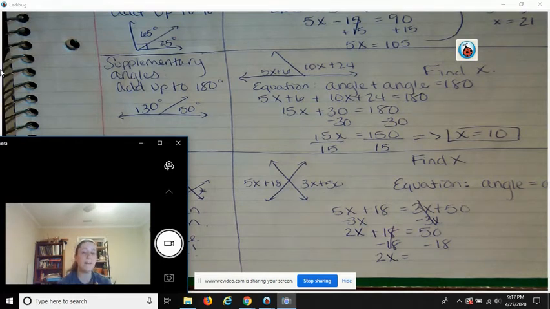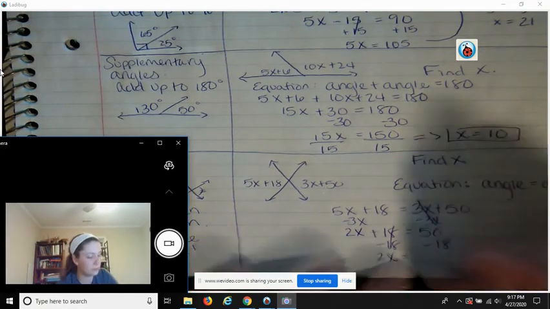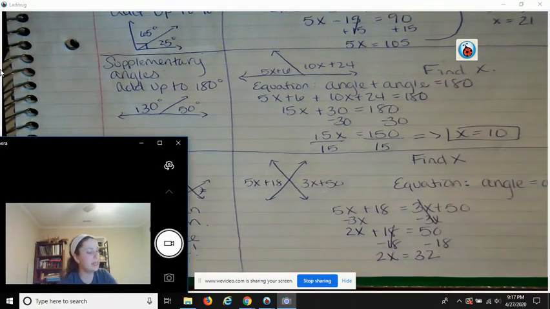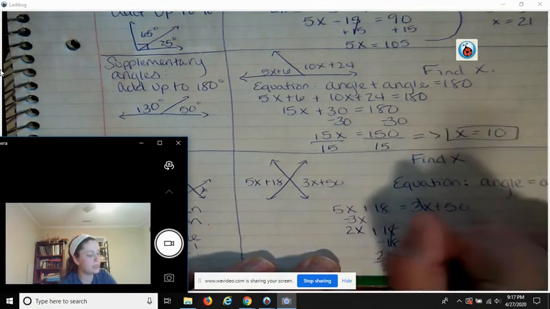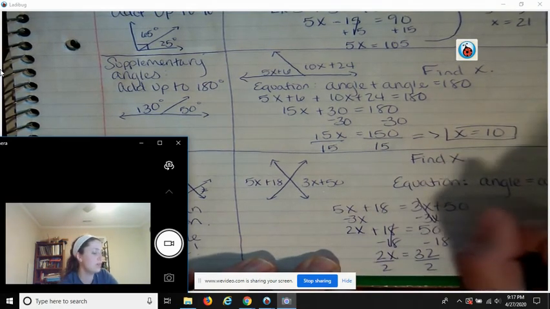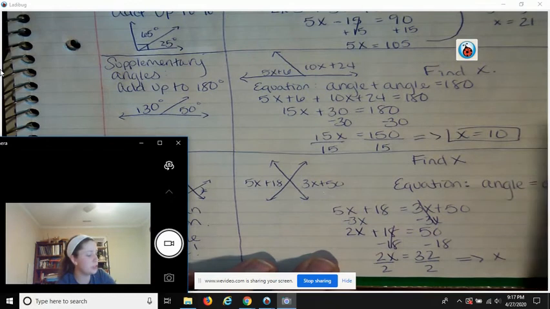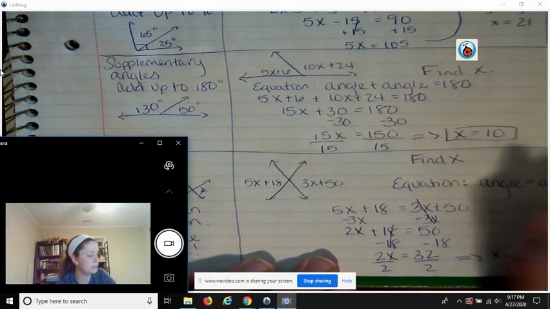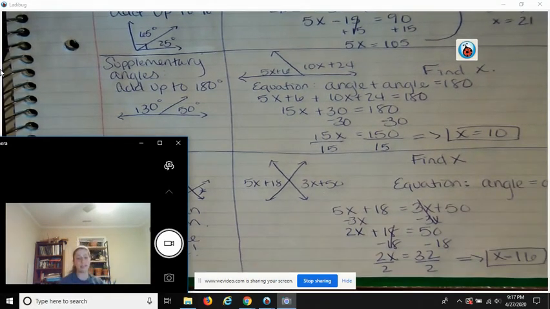Maybe 50 minus 20 would give me 30. But in reality, I'm subtracting 2 less, so I should have 32. Okay, then I divide by 2 on both sides. 32 divided by 2 should give me 16. Okay, so my x value there is 16.